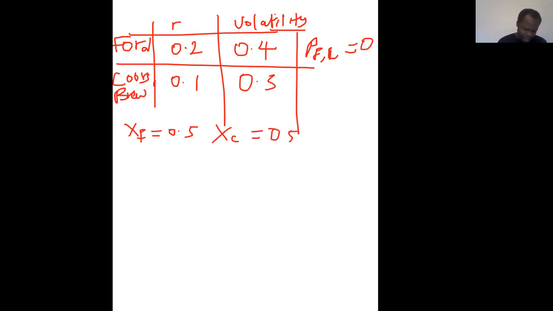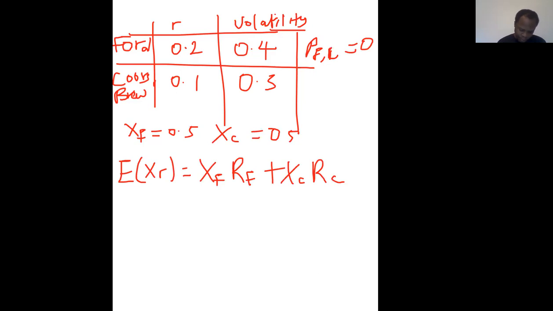So what's the formula for finding expected return? The expected return formula is equal to the weight of F multiplied by the return on F, plus the weight of C multiplied by the return on C. So that gives you 0.5 multiplied by the return, which is 0.2, plus X of C, that is 0.5, multiplied by 0.1.